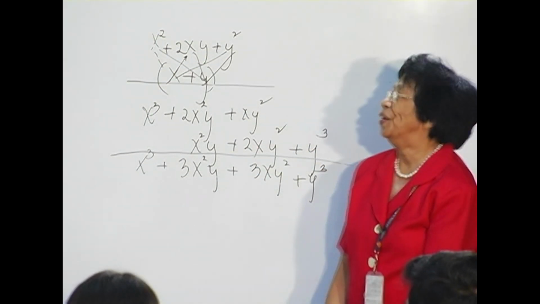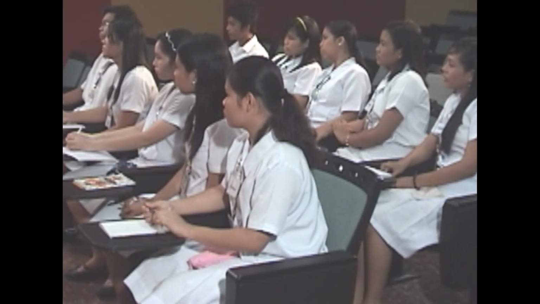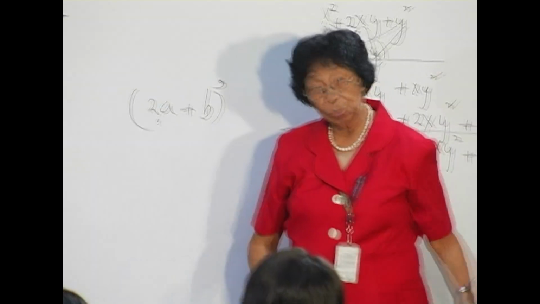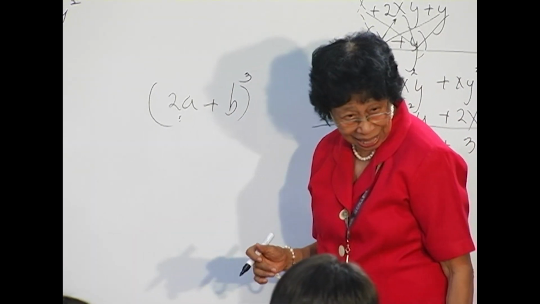Okay? Alright, so you don't have to have an expanded form like that. Supposing now I have 2a plus b. What would be the expanded form if we cube it? That means I cube the first term. How much would that give me?